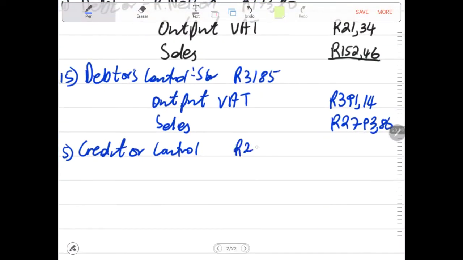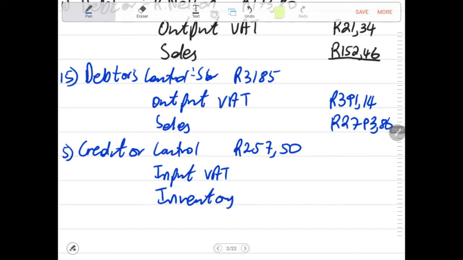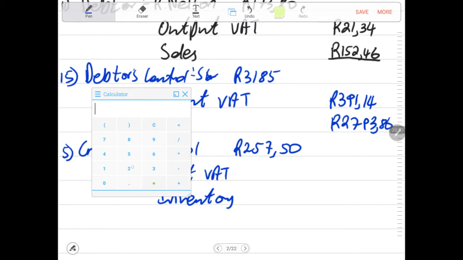We have 257.50. Now we need to take into account that there were VAT implications. We need to take into account the input VAT. Then we say the inventory has been returned, so we need to credit our inventory, meaning we have less inventory at our disposal because we returned part of it. For the 257.50, we say times 100 divided by 114.